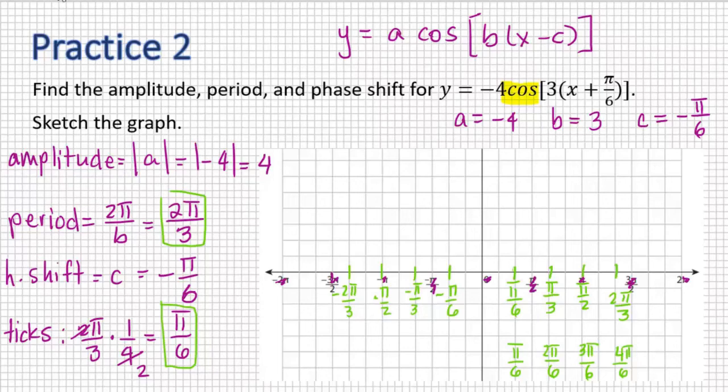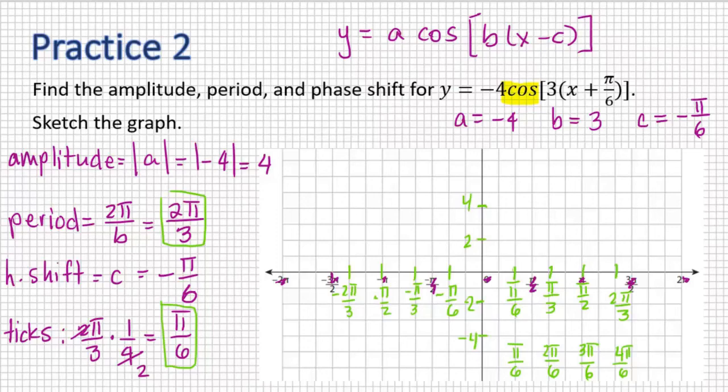The only thing we haven't labeled yet is our y-axis. Since our amplitude is 4, I'll give 2 tick marks here and label these as 2 and 4, and -2 and -4. Again, the scale you choose here is up to you. So now that we've prepared our axes, we're ready to graph this function.